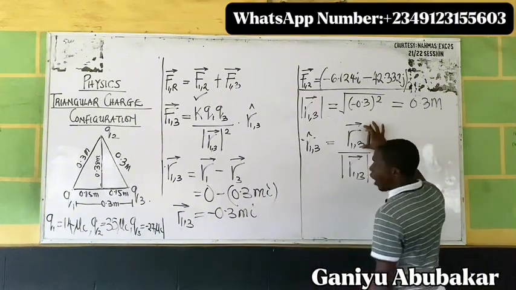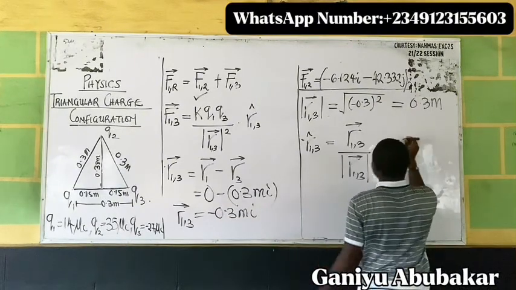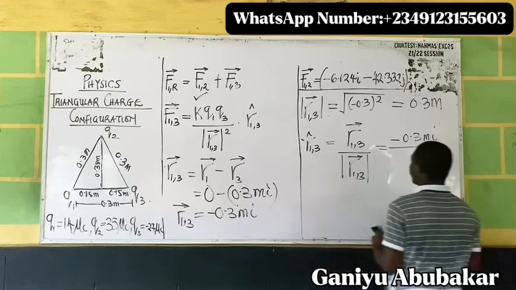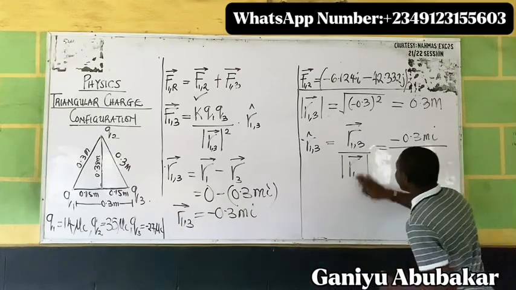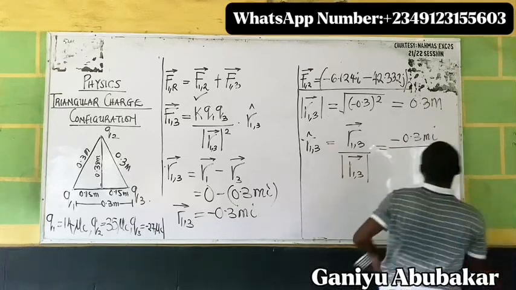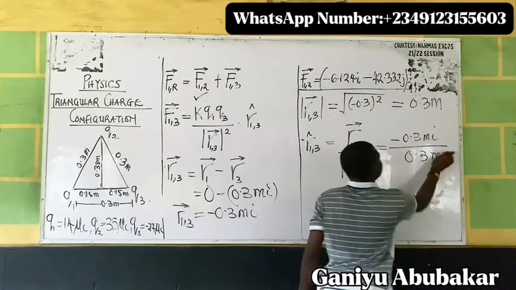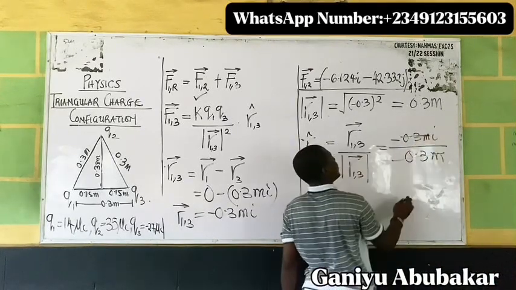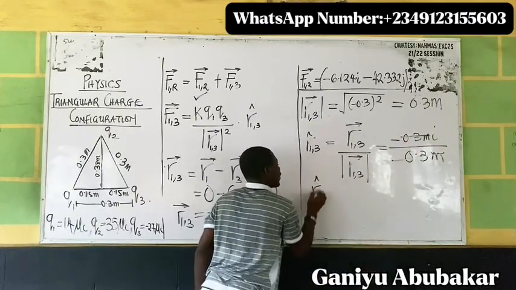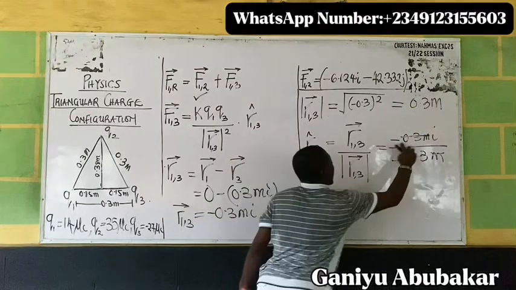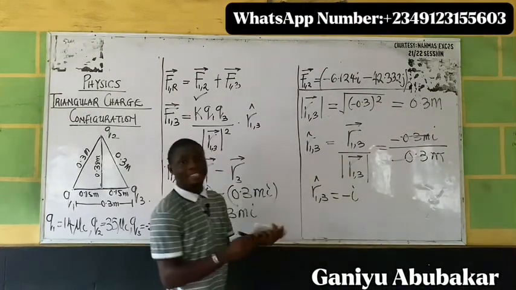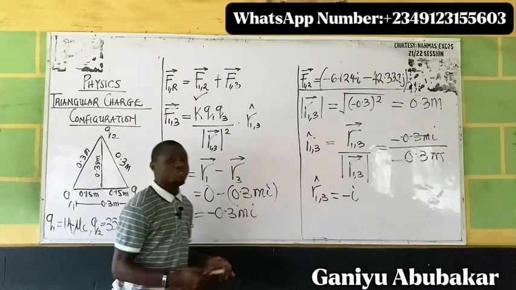Position vector is this value here, that's minus 0.3 meters i, all over the magnitude, given as 0.3 meters. This one cancels this. I have minus i left. So the value for the unit vector of R13 is given as minus i.